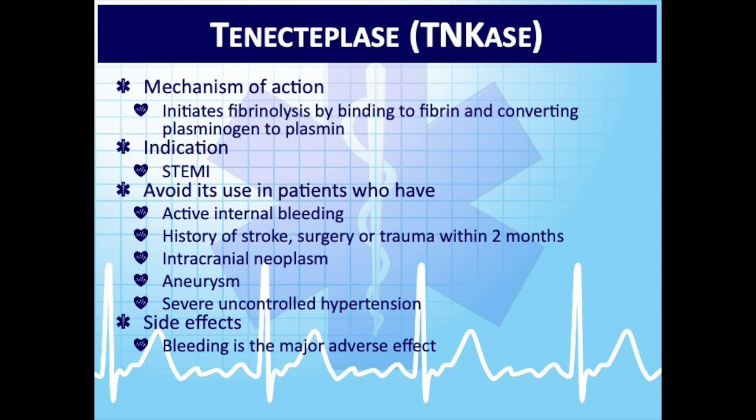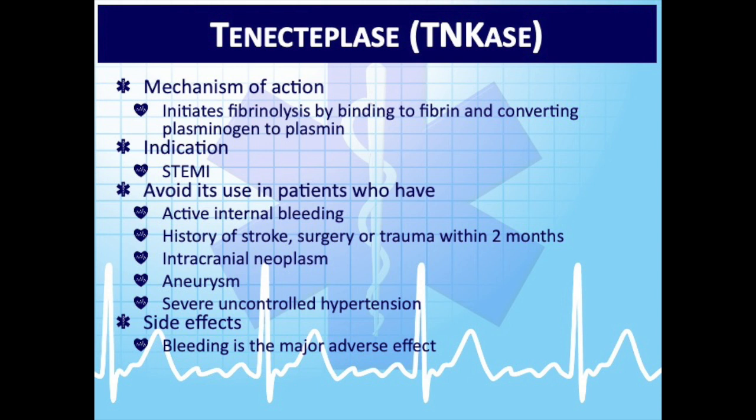An alternative is to give them this clot buster, TNKase. It initiates fibrinolysis, converting plasminogen to plasmin and breaking up the fibrin. It's a huge cascade that comes on when we talk about forming a clot, and this drug starts to break up that clot itself.